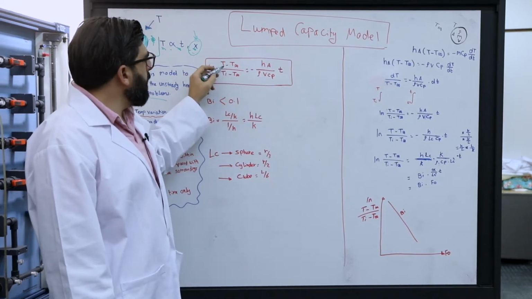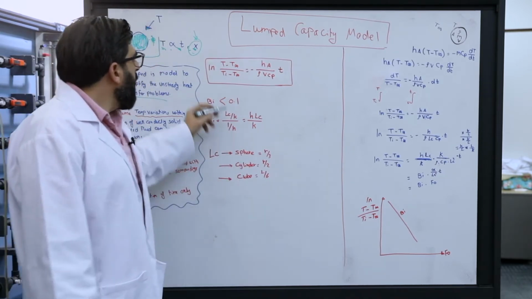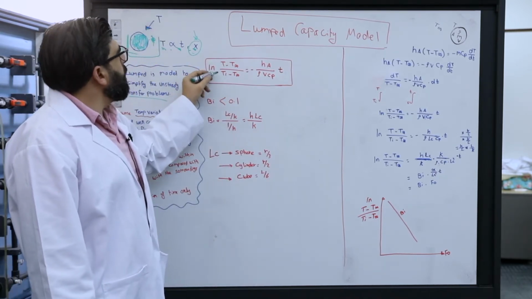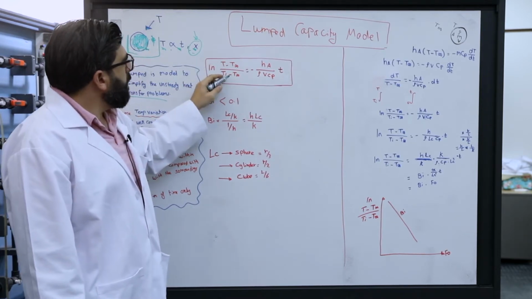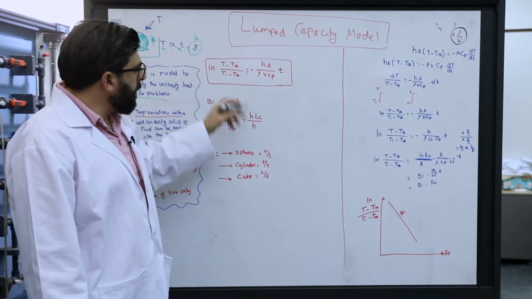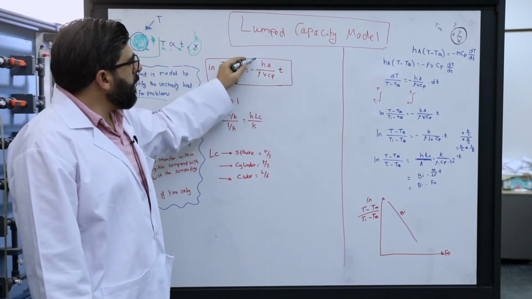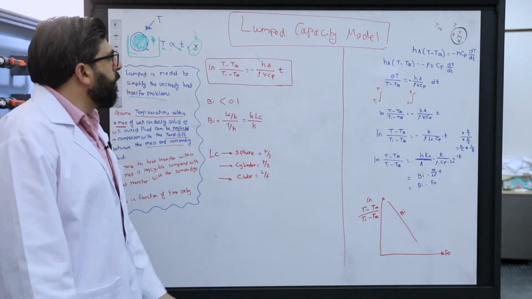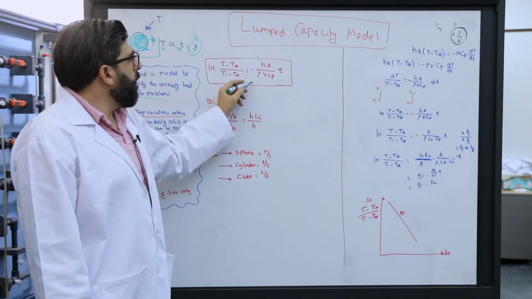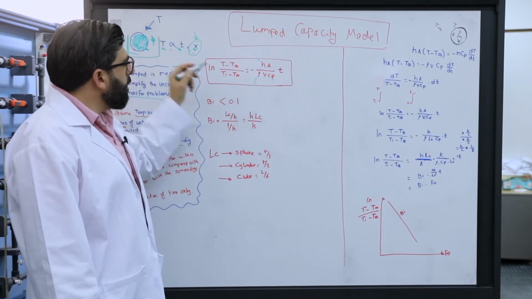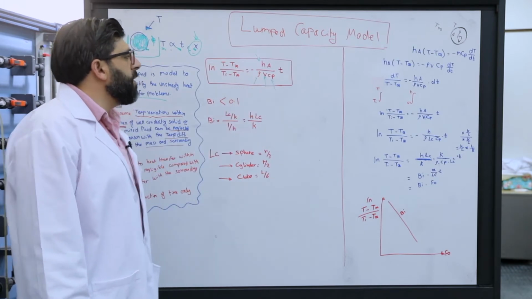If we apply this model, we can easily have this equation: ln of (T at a certain time minus T infinity, the temperature of the surrounding) divided by (T initial, the temperature at initial time, minus T infinity), equal to minus hA over rho V Cp times time. h is the heat transfer coefficient, A is the surface area of heat transfer, rho is the density of the solid, V is the volume of the solid, Cp is the specific heat of the solid.